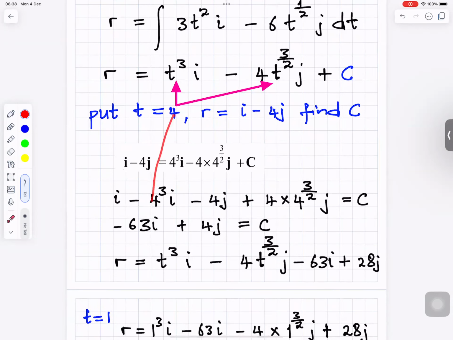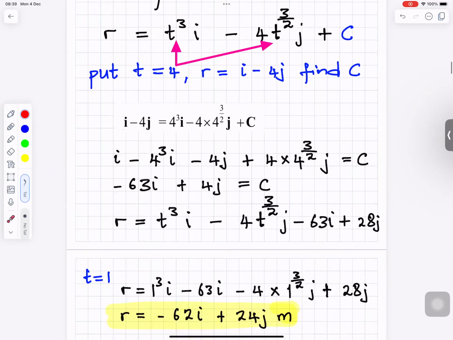So the 4 cubed minus 4 plus 4 times 4 to the 3 over 2. We rearrange all of this to find c. So we put c to the right-hand side. Rearrange all of that. We got c to be minus 63i plus 4j. So you want your position with the c at the end.